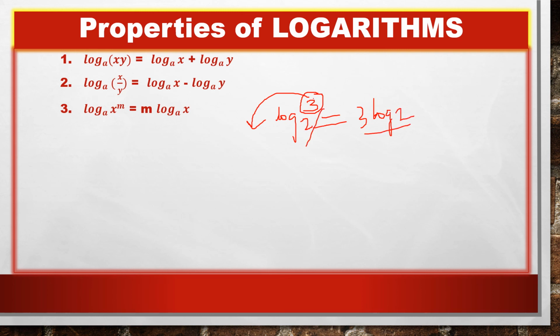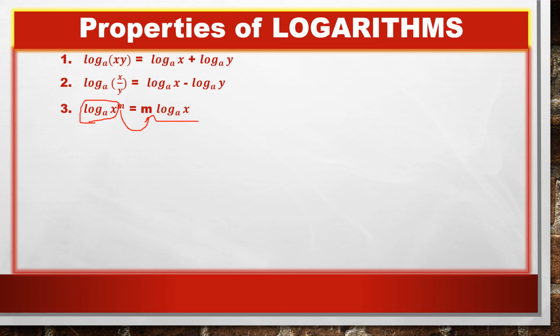This power will go to the front and the remaining thing will be as it is. So here the power is m, so I have written m in front, and log x base a is written as it is. Clear? So till here multiplication, here addition, division, here subtraction. If any power, the power will go front.